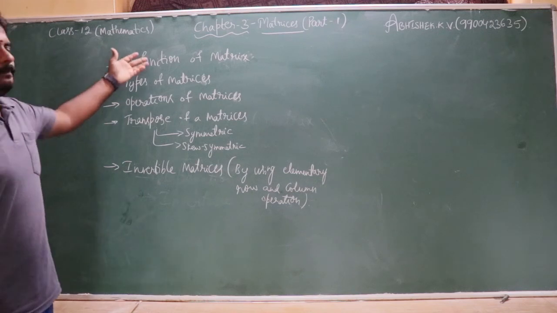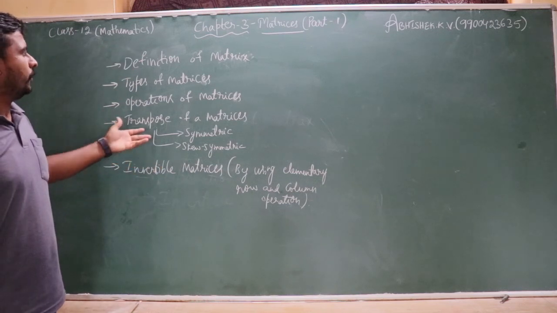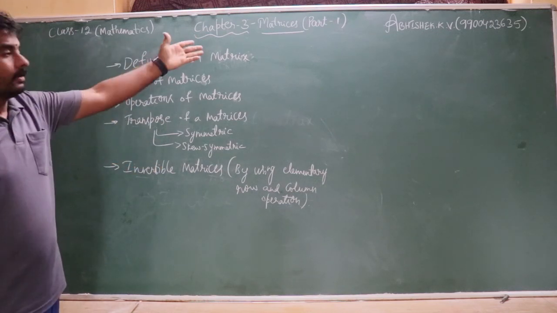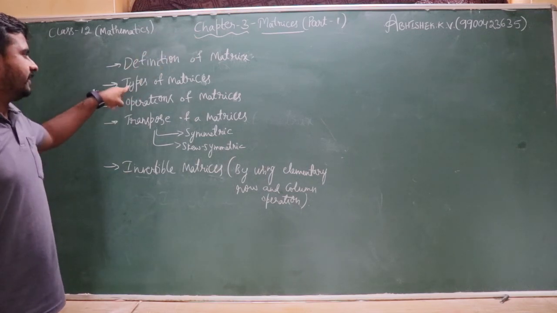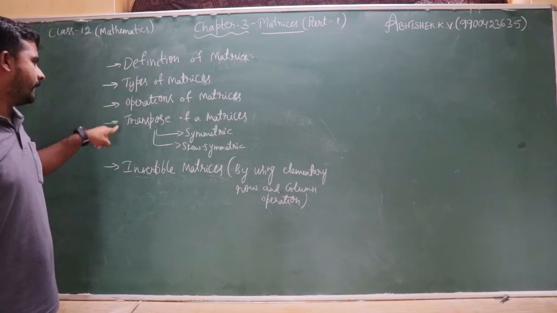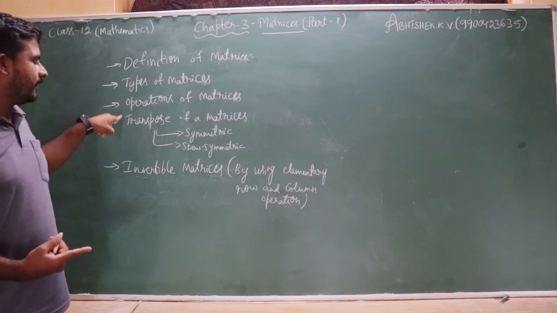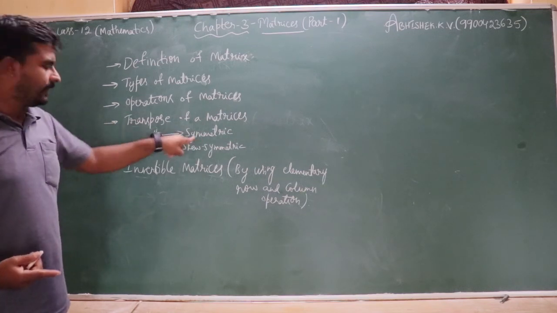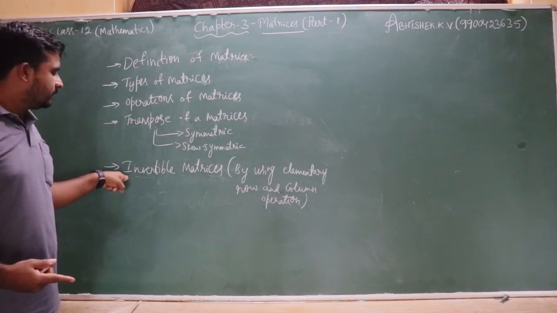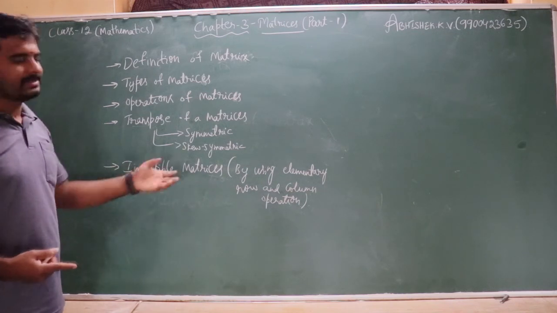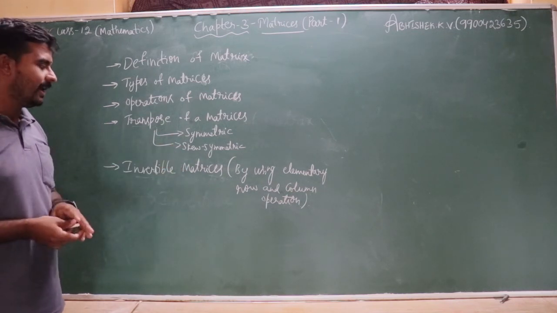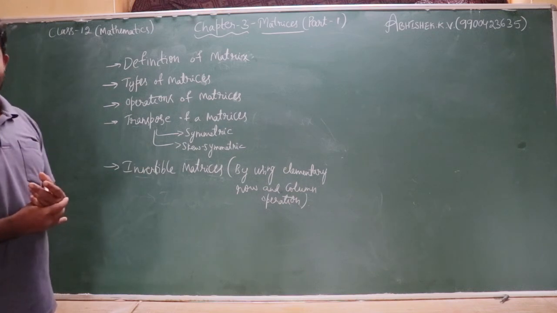So these are the main subtopics which we are going to study in our chapter 3. Definition of matrix, types of matrices, operation of matrices, transpose of a matrix, and from this we define symmetric and skew symmetric. And the last subtopic is invertible matrix, by using elementary row and column operations.